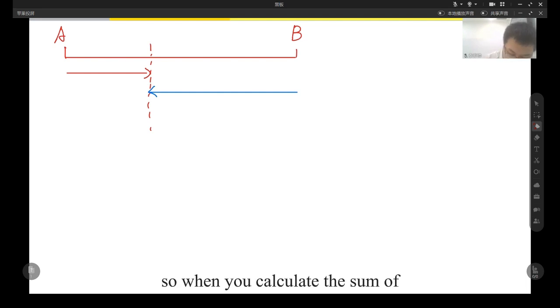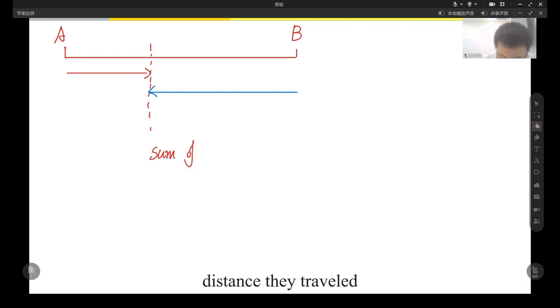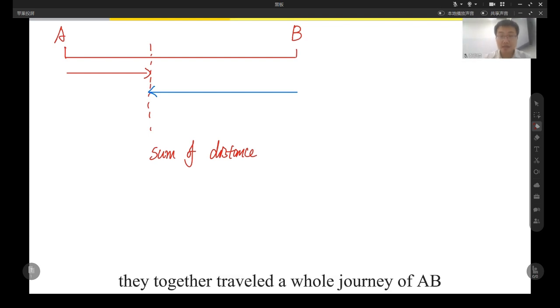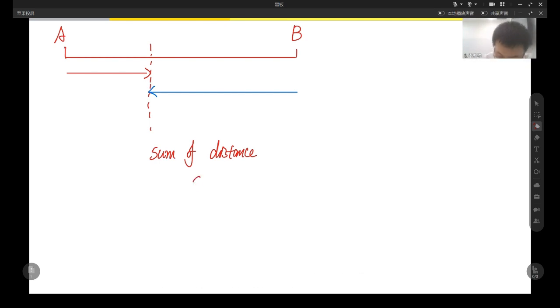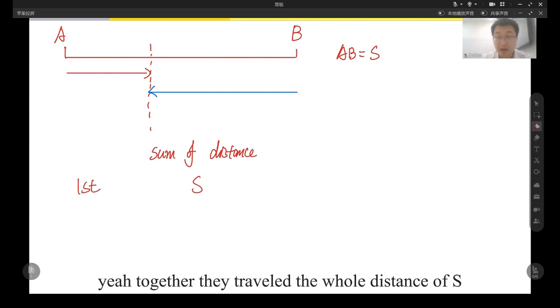When we calculate the sum of the distance they traveled, it's easy to find that together they traveled a whole journey of AB. So we can name the length of AB as S, which means the first time they meet, together they traveled the whole distance of S.